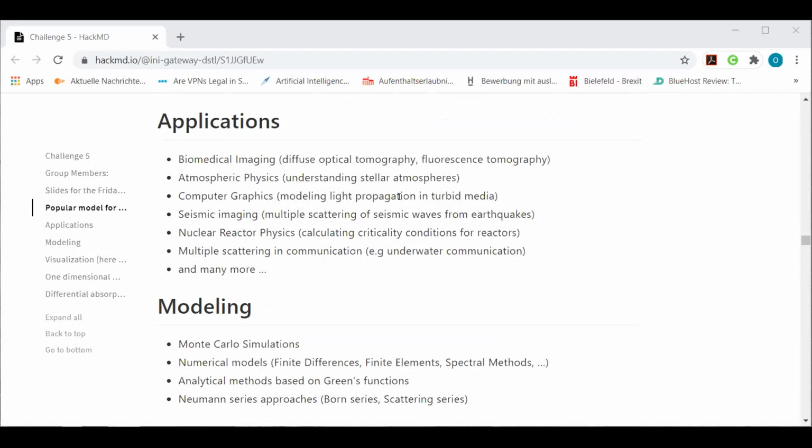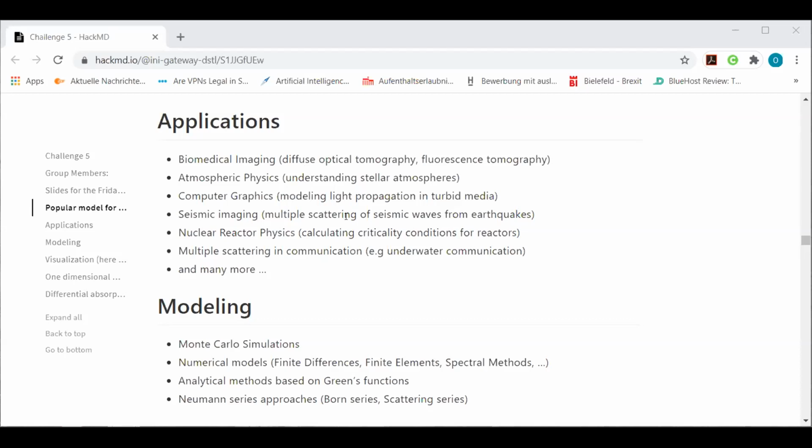Now this model has many applications. I've listed a few here in the application section. You can read this. In biomedical imaging, you might have heard about optical tomography and fluorescence tomography, very popular in recent years. Probably originally it comes from atmospheric physics. If you want to understand stellar atmospheres with a telescope, some blurring goes on when the light comes from the stars to the telescope.